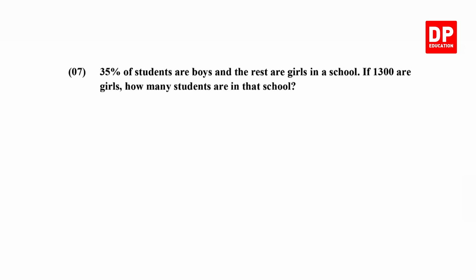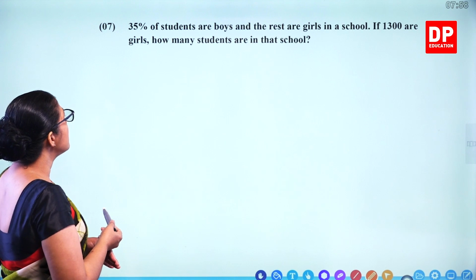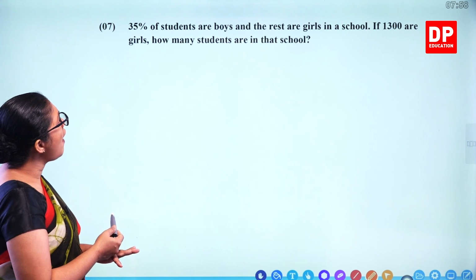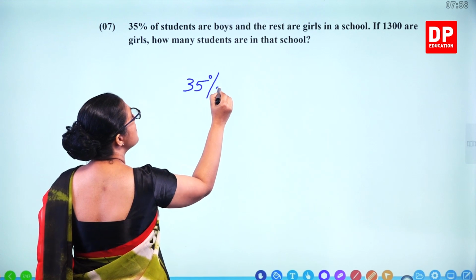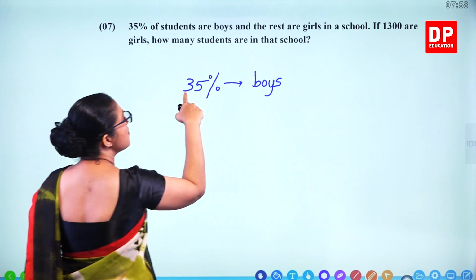Question number 7. 35% of students are boys and the rest are girls in a school. If 1300 are girls, how many students are in that school? So 35% boys. Then how many girls are there? What's the percentage of girls? 100 minus that.